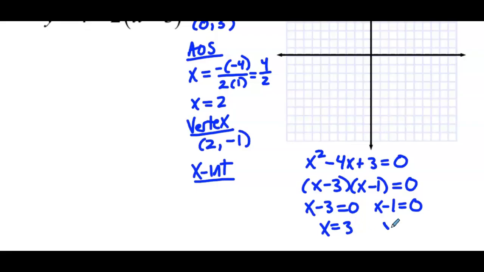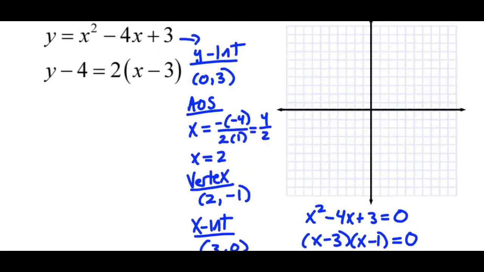So either x equals 3 or x equals 1. So we have 3, 0 and 1, 0 as our x-intercepts. So let's plot all our points. So 0, 3, that's the y-intercept. 2, negative 1 is the vertex. 1, 0 and 3, 0 are the x-intercepts.